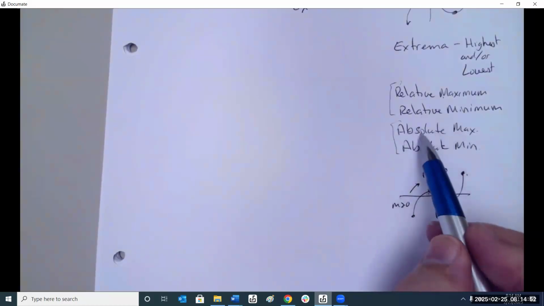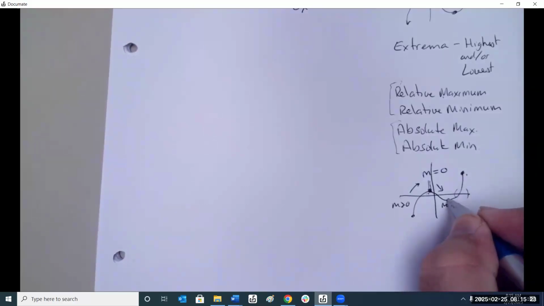Relative maxima can also be an absolute maximum, but are relative because it's over a small interval. How many absolute maxima can I have? 1. If it's the absolute, there's no other one bigger. So you can only have at most one absolute maxima. How many minima do we have here? 2.